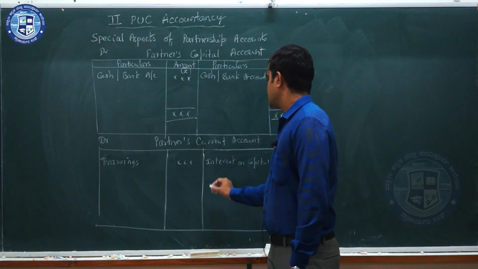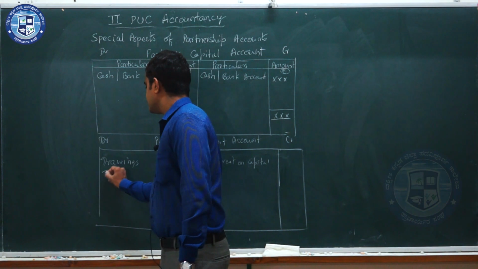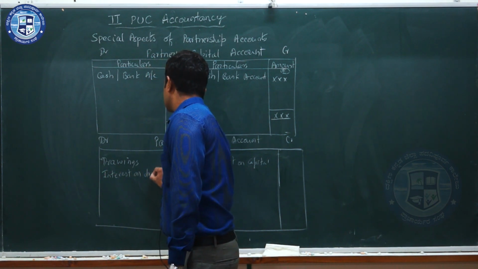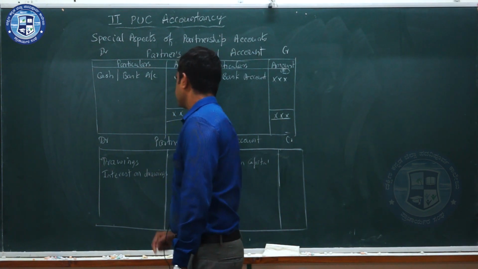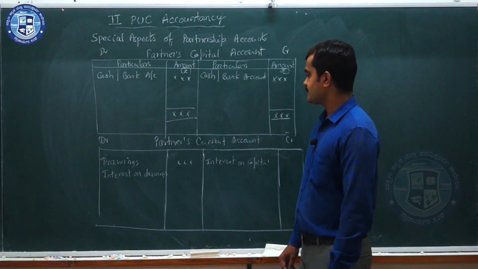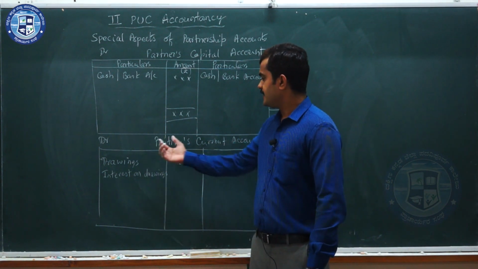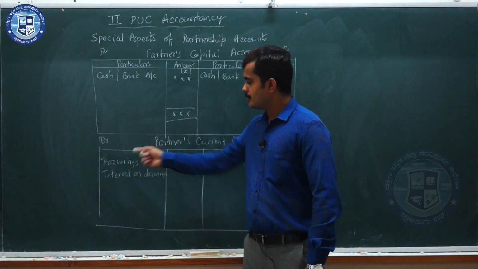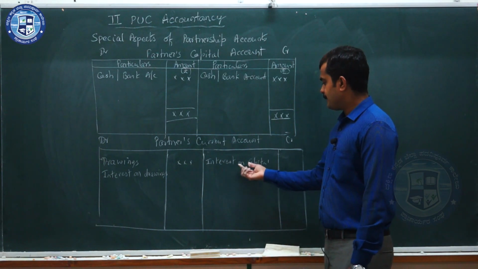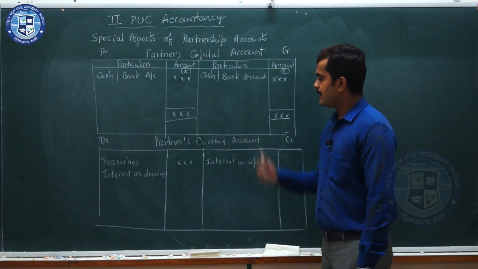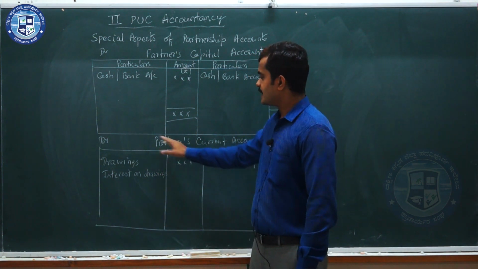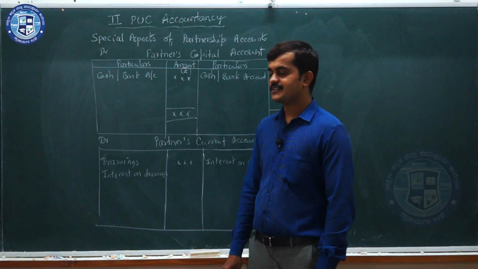Then interest on drawings on the debit side. So we can remember the journal entries. For drawings, the entry will be partner's current account debit to drawings account. On the other hand, for interest on capital, interest on capital account debit to partner's current account. For interest on drawings, partner's current account debit to interest on drawings account.